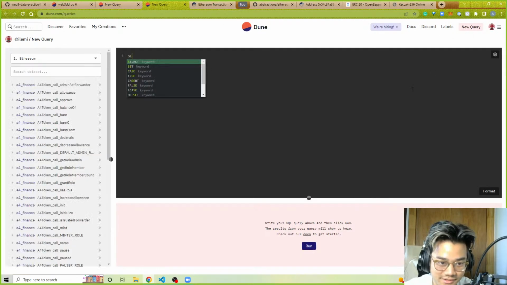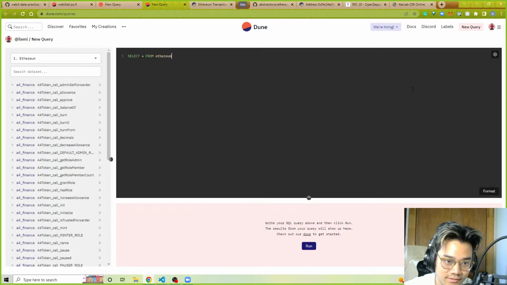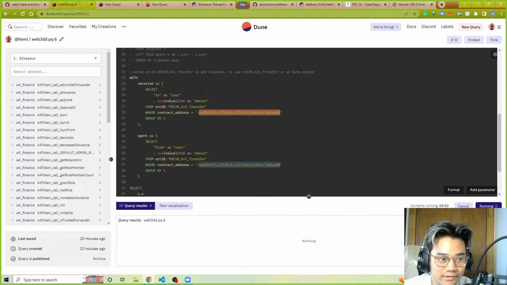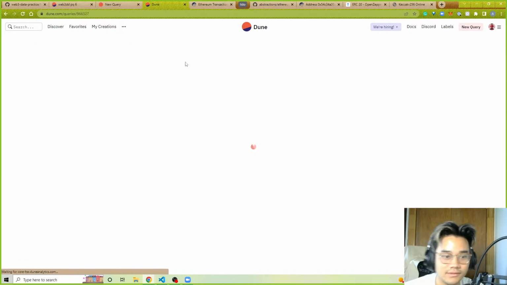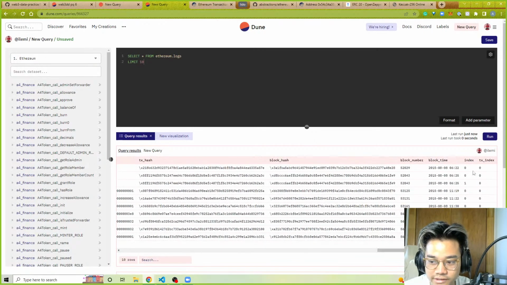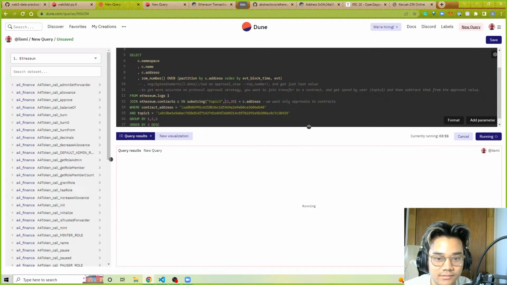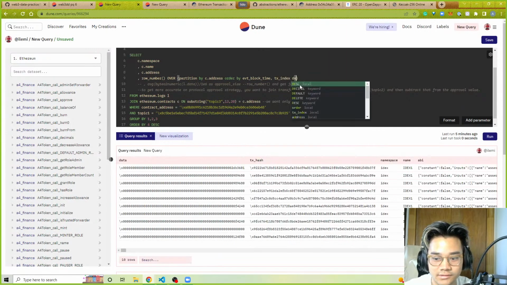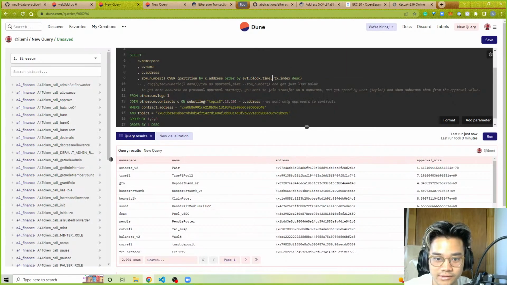Okay. Probably should have chosen a different token. What other query do I have running? All right, we're not going to do that one. Index, transaction index. All right. And transaction. Oh, it worked.